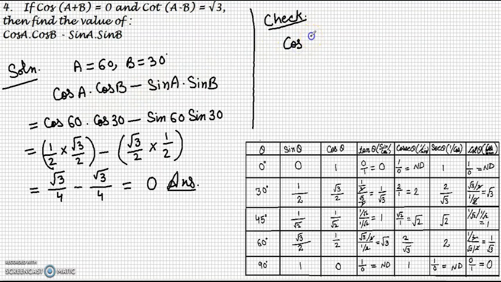Now let's quickly check this answer using complementary angles formula. So we can write this cos 60 into cos 30 as cos 60 into cos 90 minus 60, that is 90 minus theta, minus sin 60 into sin 30 as sin 60 into sin 90 minus theta, that is sin 90 minus 60 degrees.